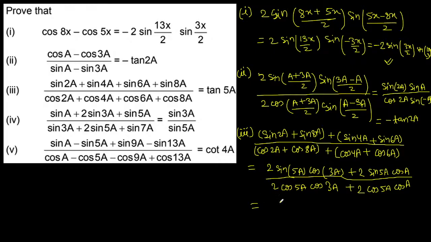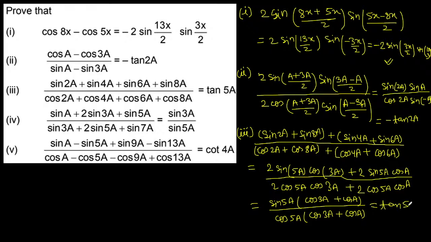If you look, cos 5a is common, and we have cos 3a plus cos a. We will have sin 5a common, cos 3a plus cos a. So we are normally getting tan 5a. Okay, so we got the answer.